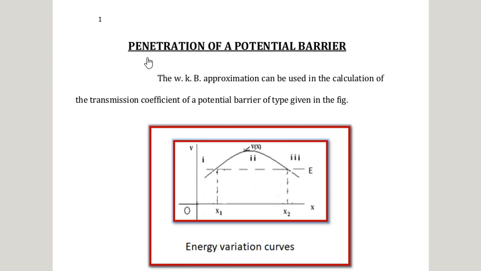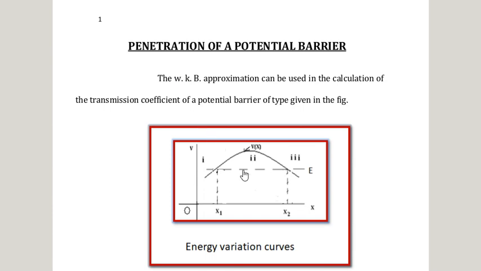But the shape of potential barrier in Schrodinger equation is rectangular. But in WKB method, there is not a restriction on the shape of potential barrier. It can be any shape.